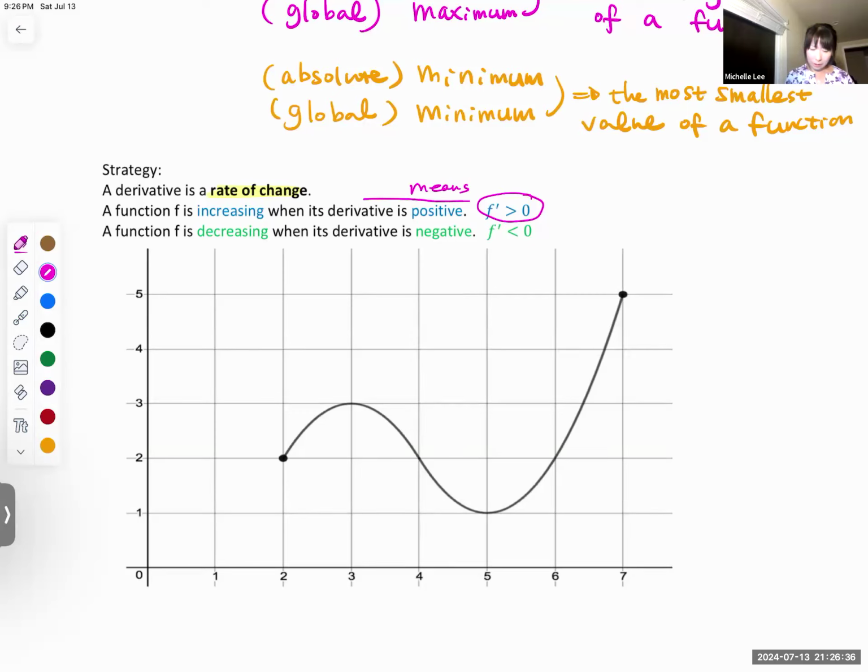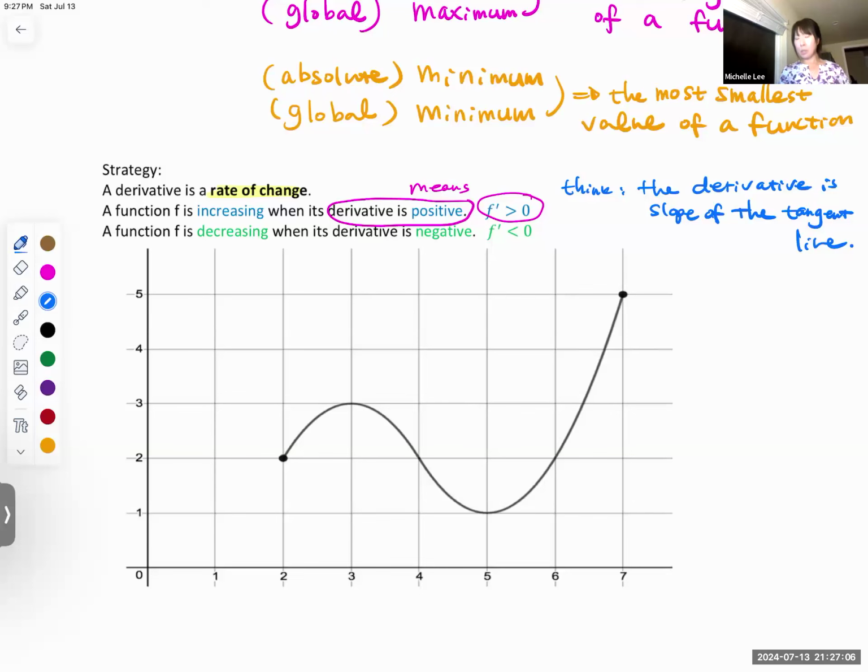I just talked about it: the derivative is the slope of a tangent line, basically just the slope of the straight line.